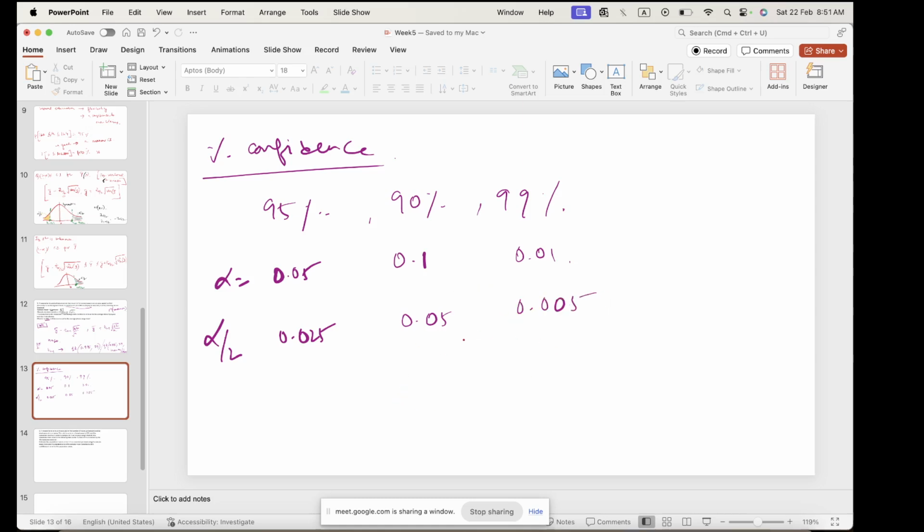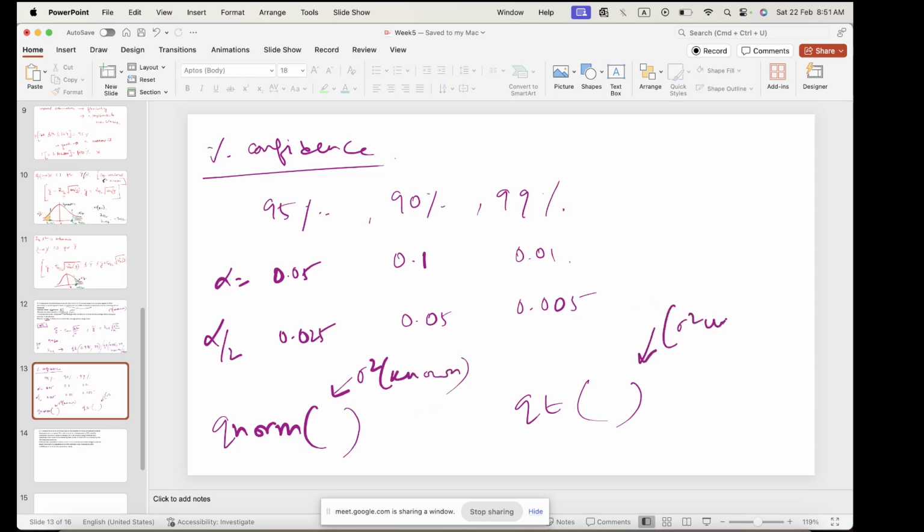Accordingly we place this alpha by 2 in either a qnorm or a qt, qnorm when sigma square is known, and qt when sigma square is unknown.